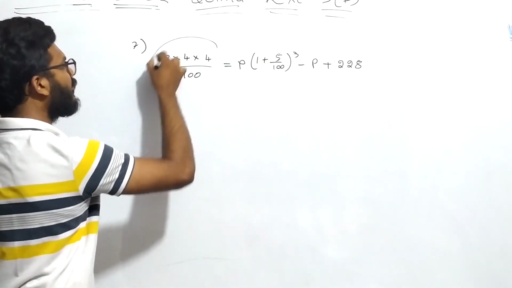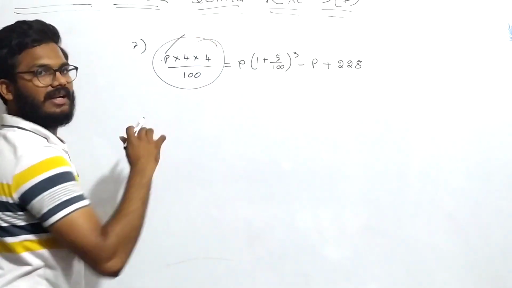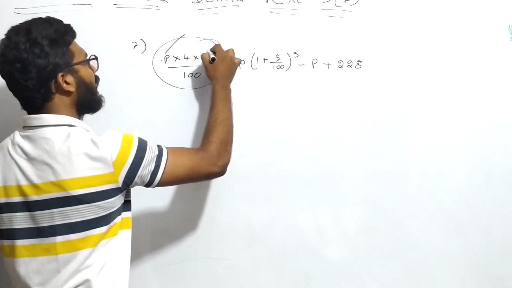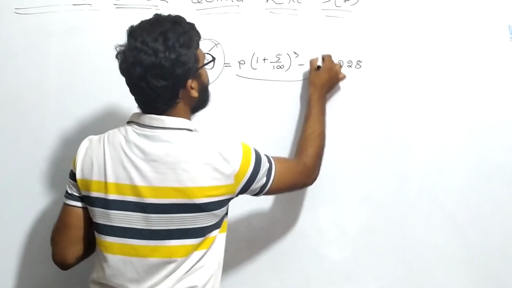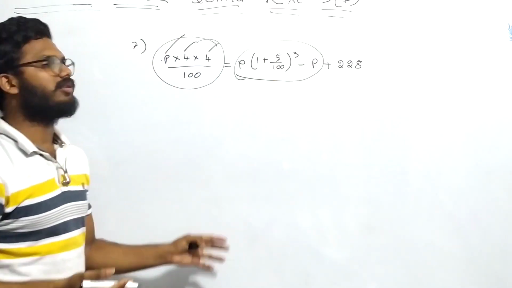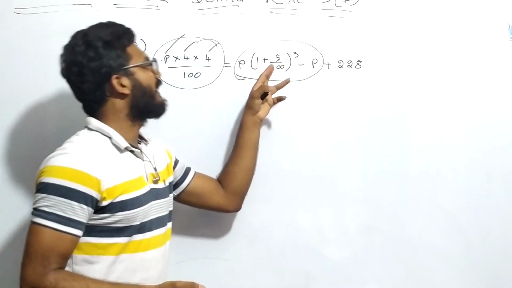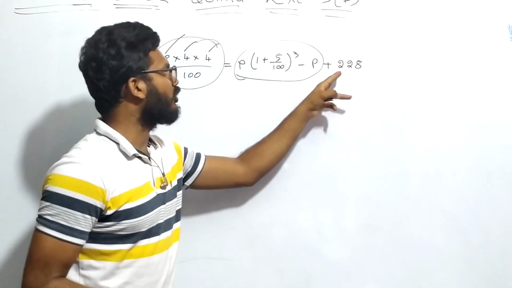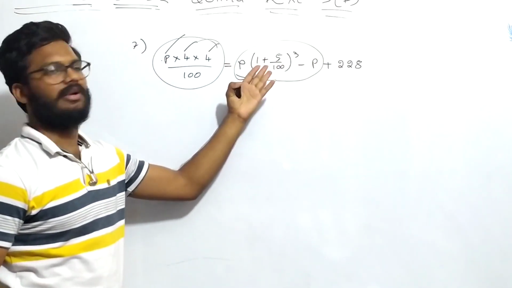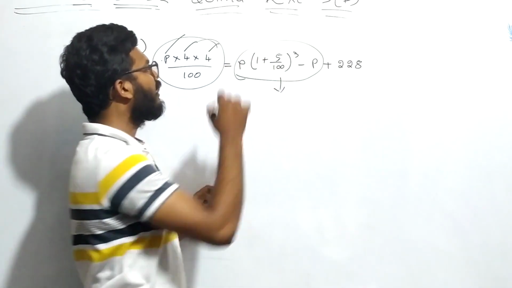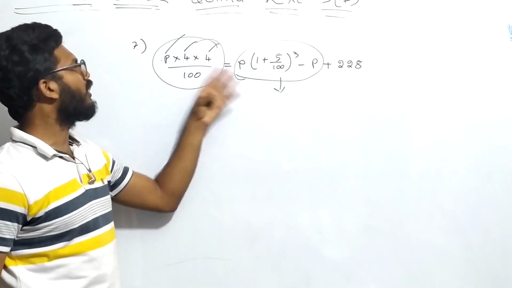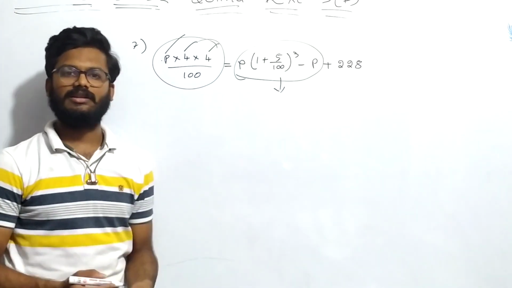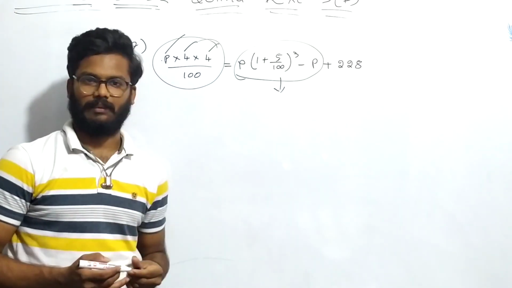This simple interest for a certain sum at 4% for 4 years exceeds the compound interest by 228. So if we add 228 to the compound interest, which is amount minus principal, this is equal to this one. So if you solve this, you will get the sum.